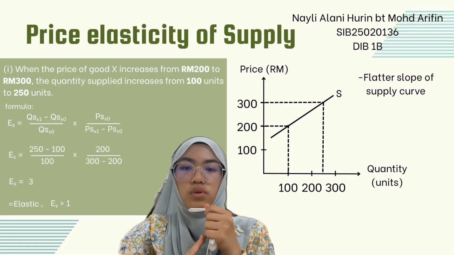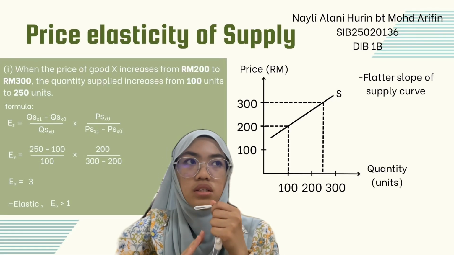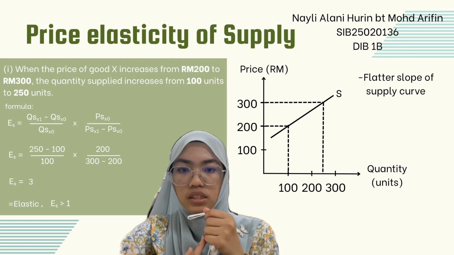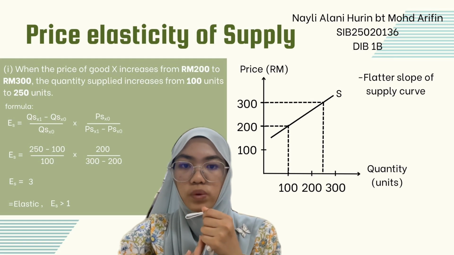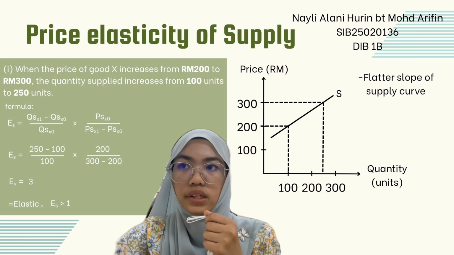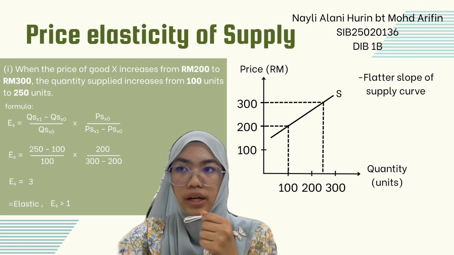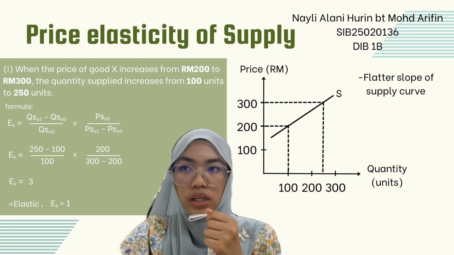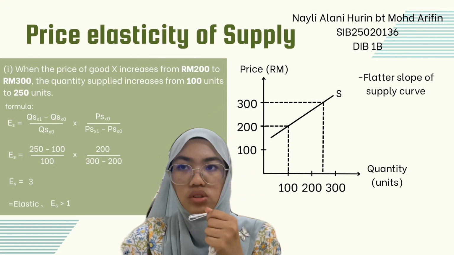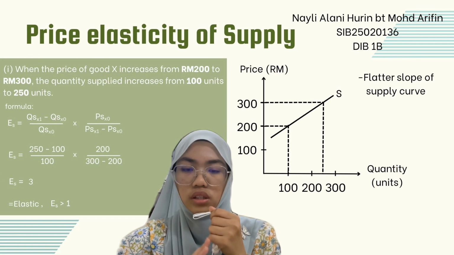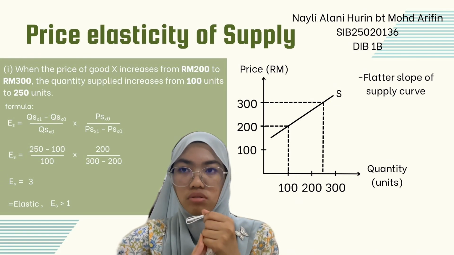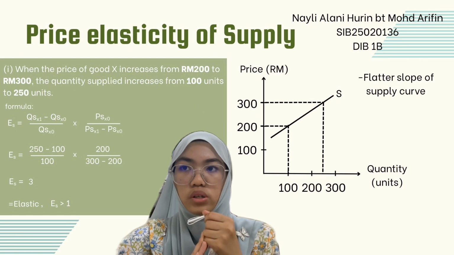Assalamualaikum warahmatullahi wabarakatuh, and my name is Nailia Lanihuri binti Muhammad Arifin. My ID is SIB2502013. My topic for today is price elasticity of supply. Number one: when the price of good X increases from 200 to 300, the quantity supplied increases from 100 units to 250 units.